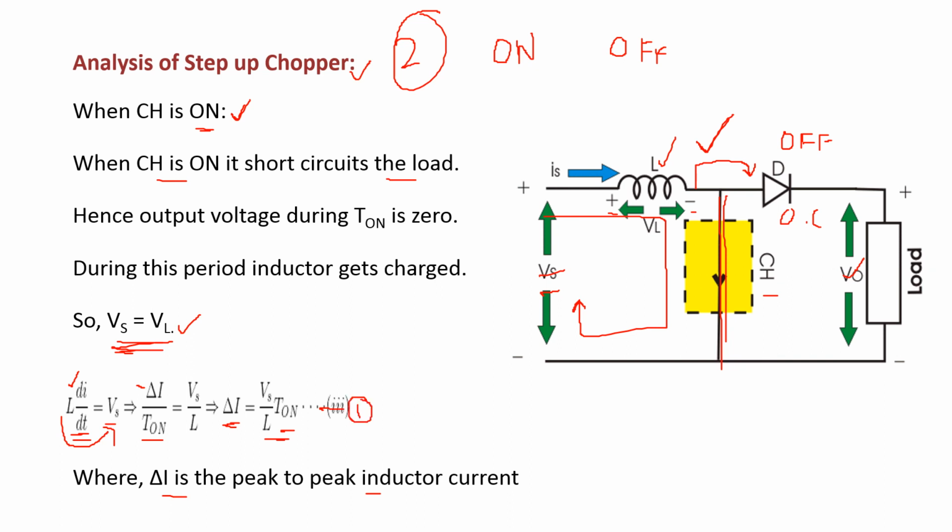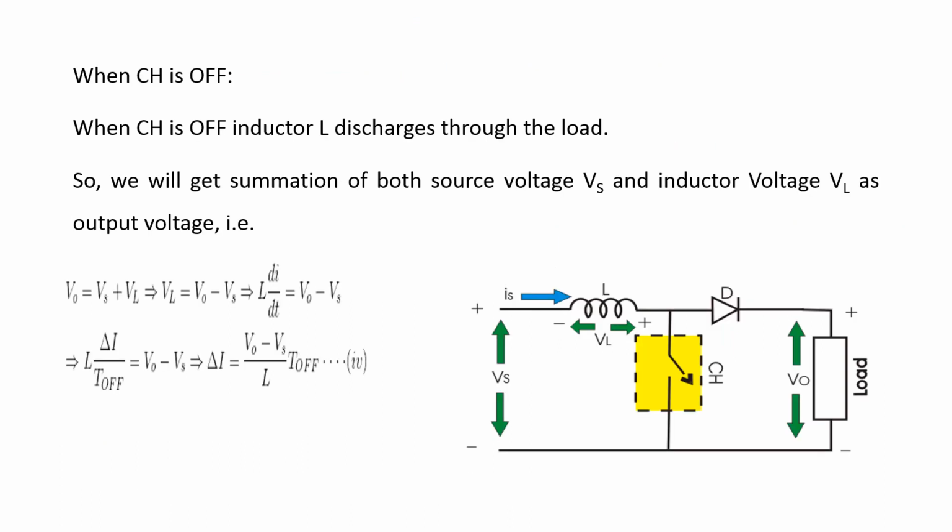Similarly, we are going to find out the delta I when the chopper is in off state. Coming to the second case, when the chopper is in off state, this is the equivalent circuit of the second case. Here the chopper is off, which means the chopper circuit acts as an open switch, and there is a path for current from source to load in the direction of Vs plus, inductor, diode, load and Vs minus.